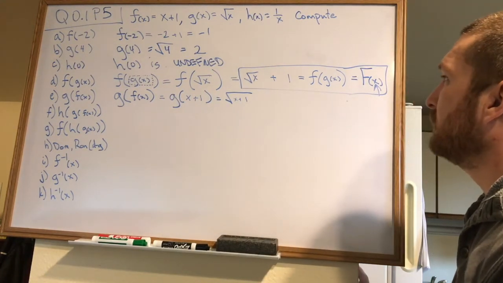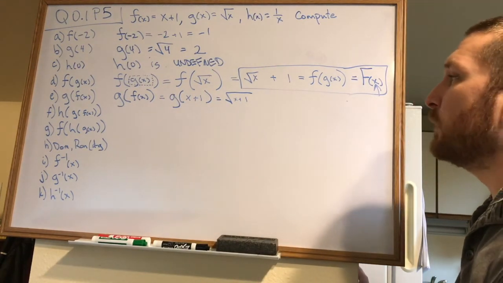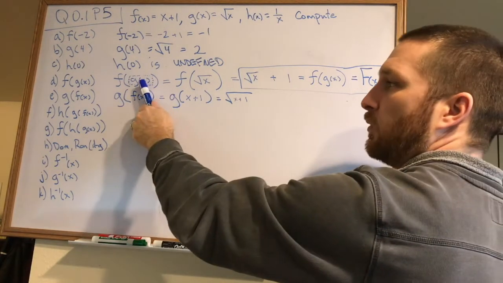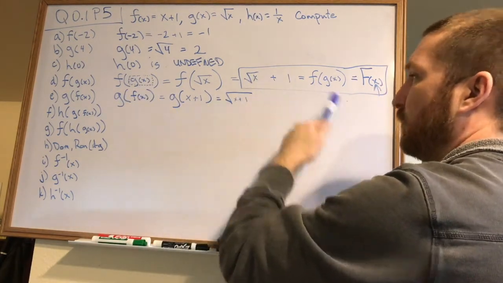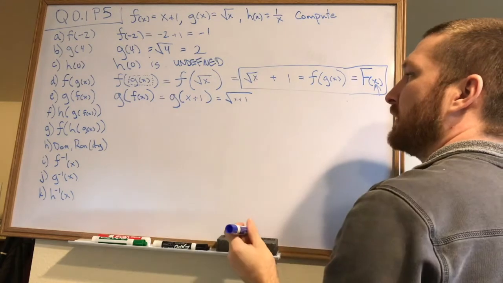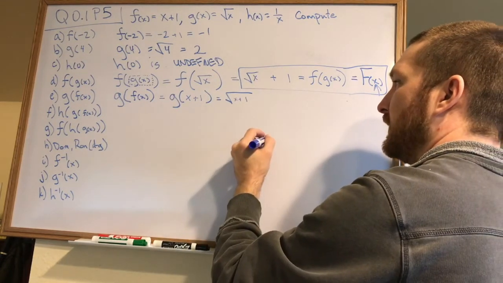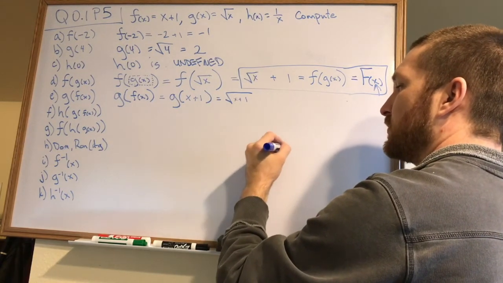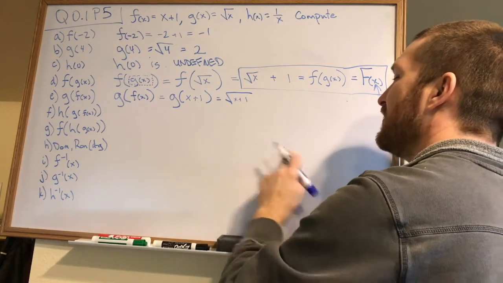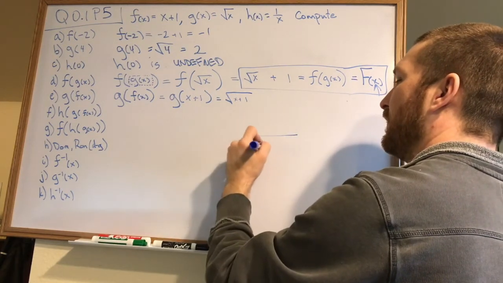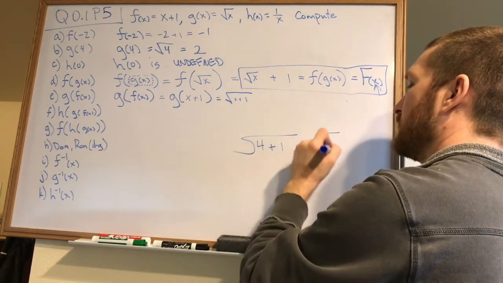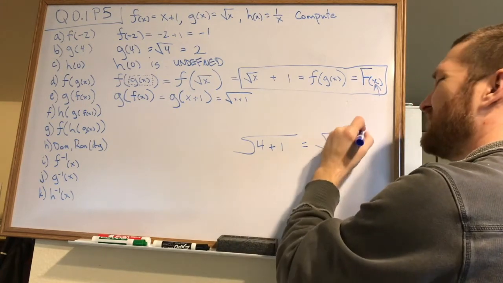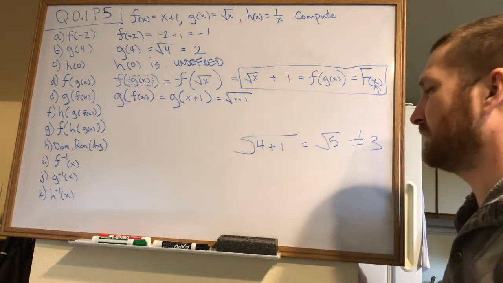Now, what happens if I plug in a 4 in there? Remember when I plugged in a 4 into here, I got 3. Now when I plug a 4 into there, I get the square root of 4 plus 1, which is the square root of 5, which is certainly not equal to 3, right?